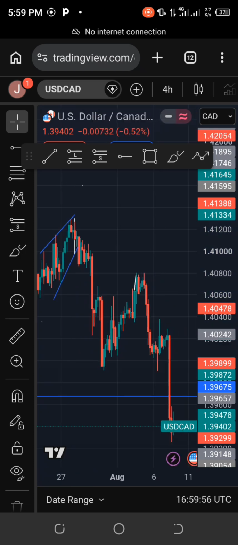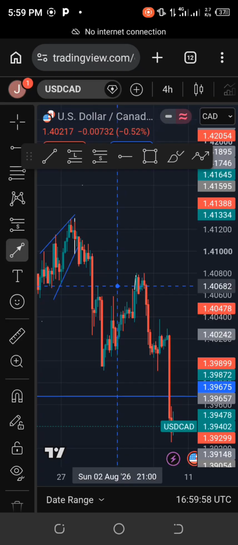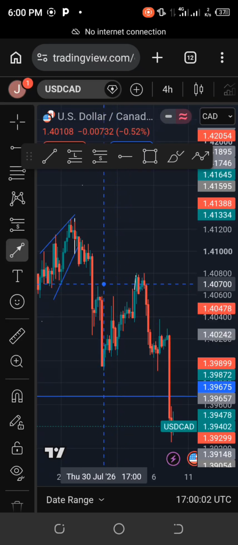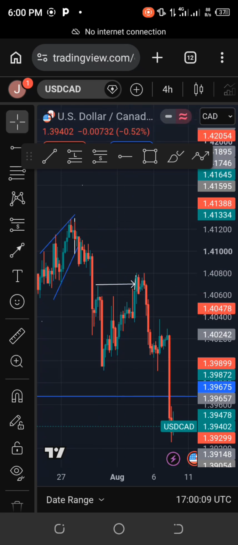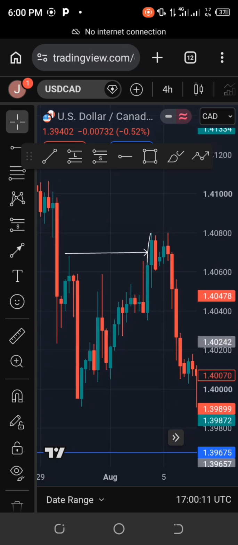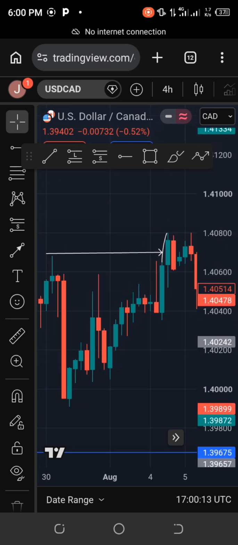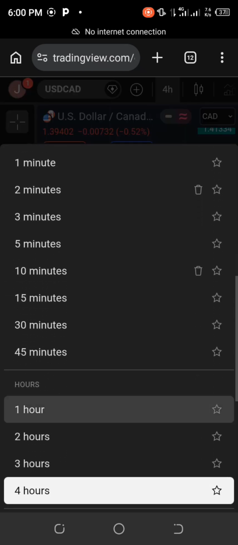Before, let me put on my arrow to mark out the areas. Okay, there you go. I just had my arrow on, so you can see it very clearly now. Let me head to the 1 hour so you can see it very clearly.